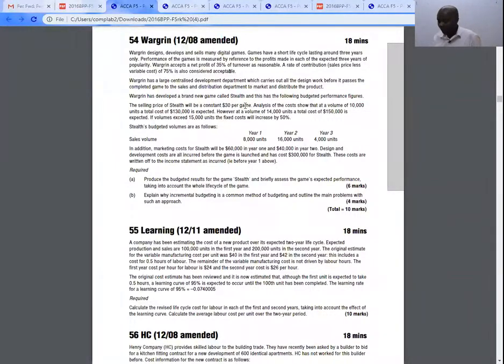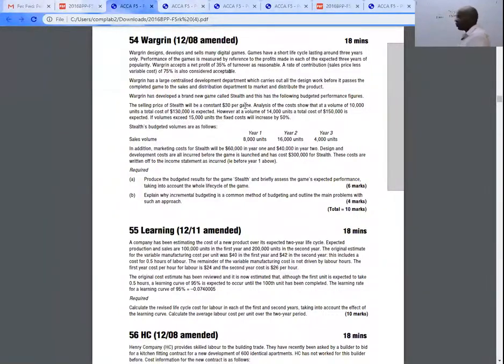What they have told me, ladies and gentlemen, is that we have x versus total cost, or y. For x, at a volume of 10,000, the total cost will be 130,000.